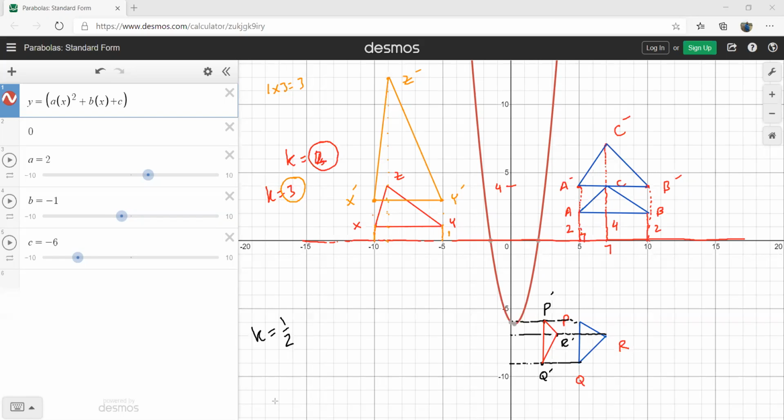Sir, how did we know that x-axis was the invariant line and not the y-axis? Good question. This will always be given to you, beta. You will always be given two things. One thing is the information about the invariant line, which one is the invariant line, okay? And then what is the scale factor?